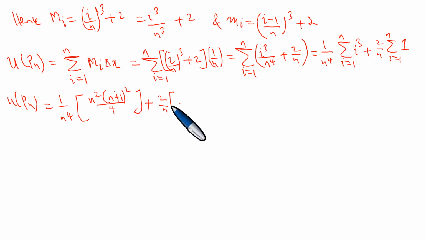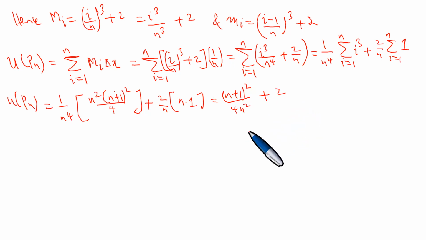Then plus 2 over n, and the sum of 1 is n times 1. If you divide by n to the power 4, it cancels out here, giving us (n plus 1) squared divided by 4n squared. That's fine, you can leave it like this.